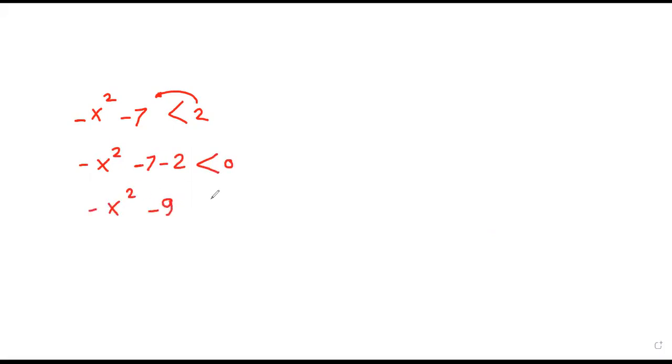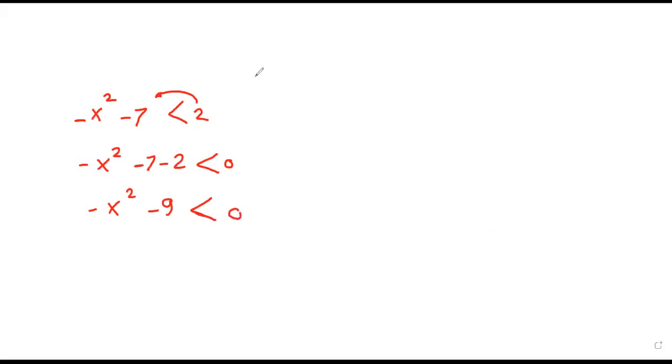Let's try this one. -x squared -7 less than 2. First, remove 2 to the other side, and it will be -x squared -7 -2 less than 0. -x squared -9 less than 0.